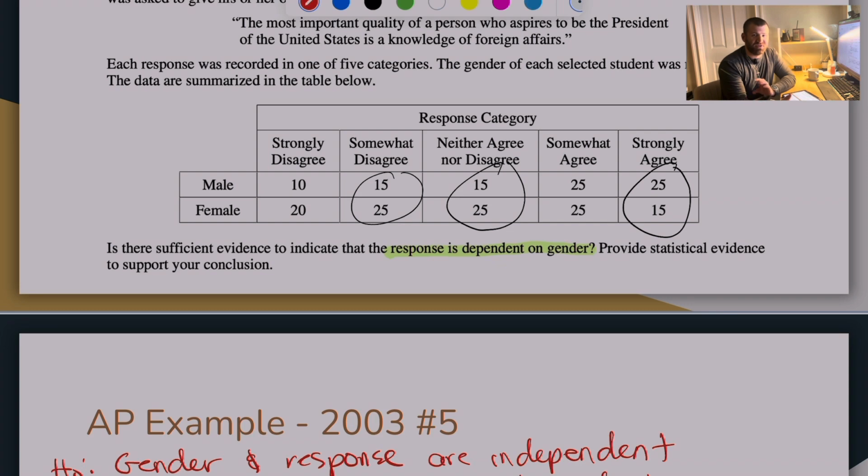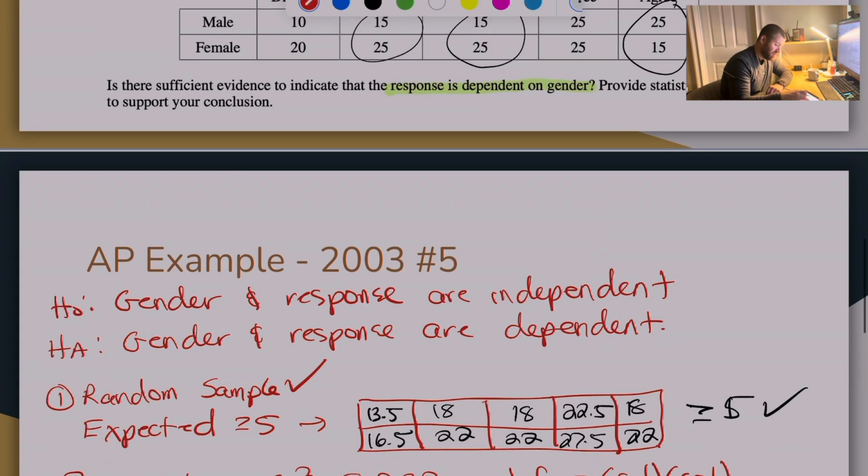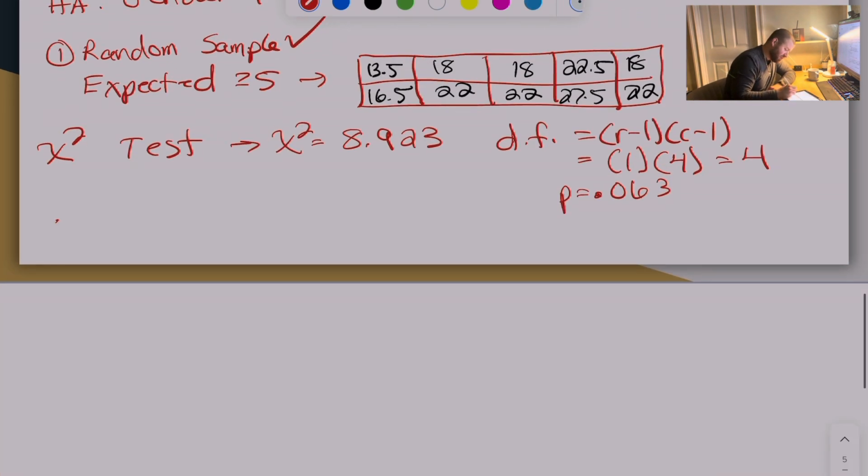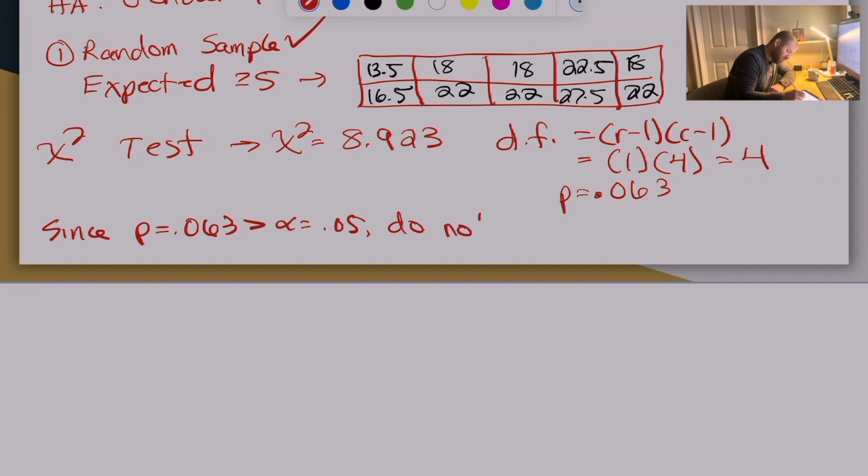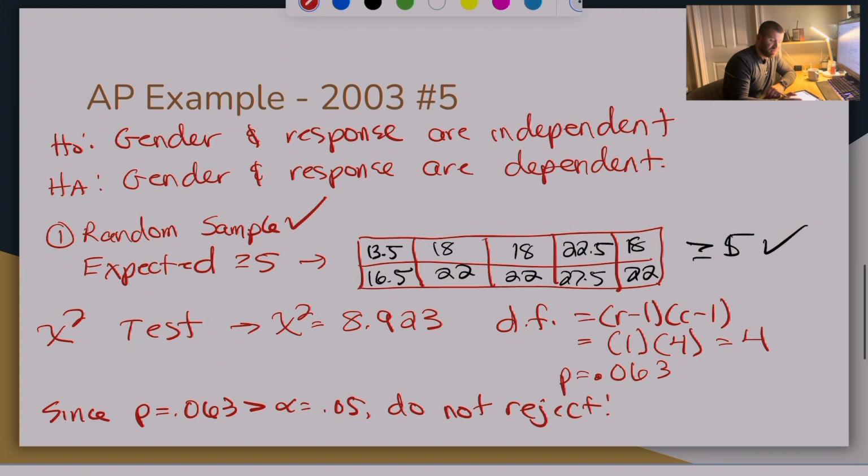So if they didn't give you one, you assumed 0.05. So in this particular case, since p equals 0.063 is greater than 0.05, we do not reject. In this particular example, we do not have evidence that the response to the statement is dependent on gender.